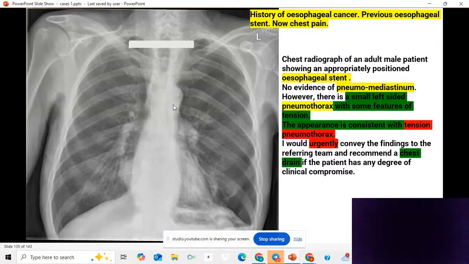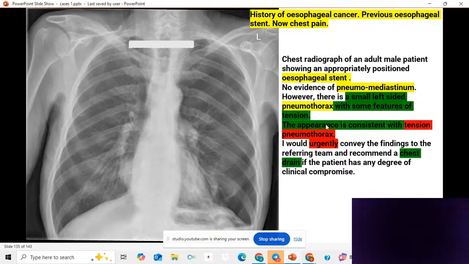Look here at the distance. The appearance is consistent with a tension pneumothorax.